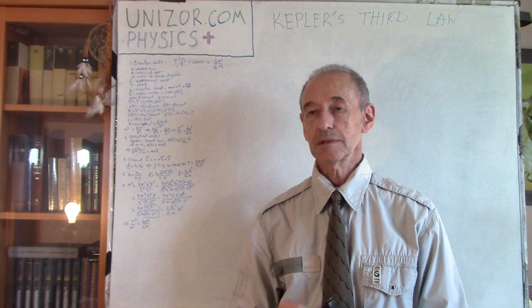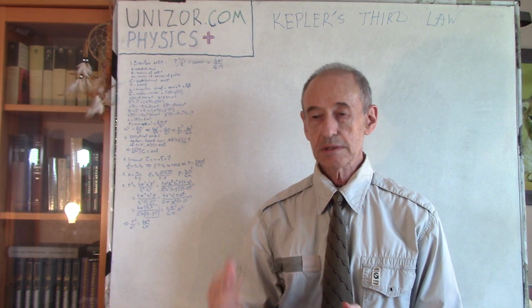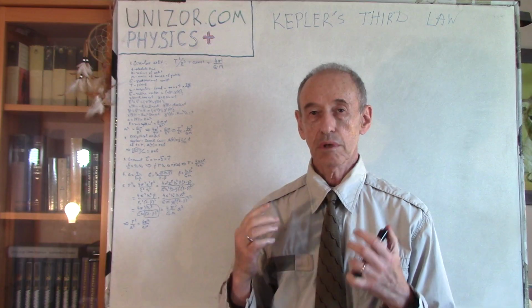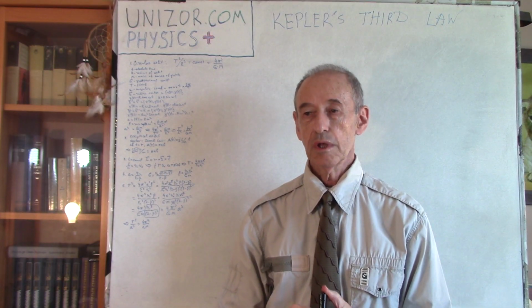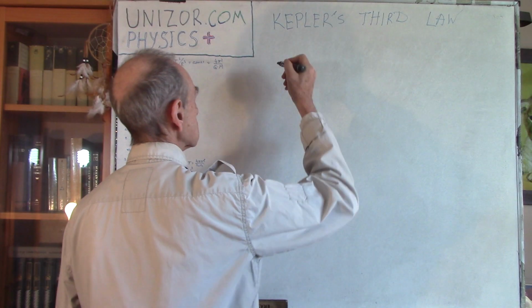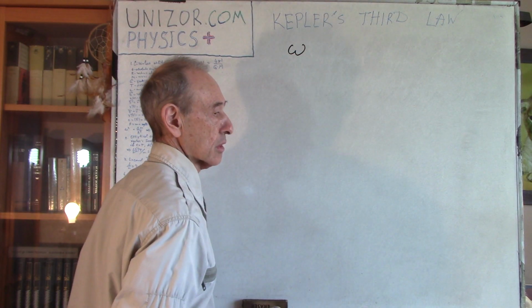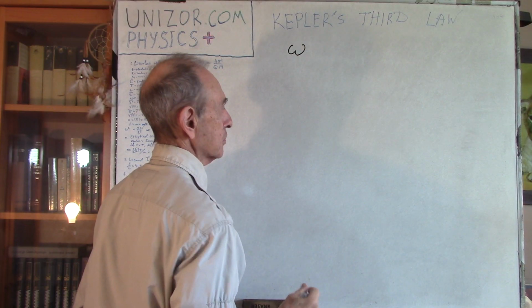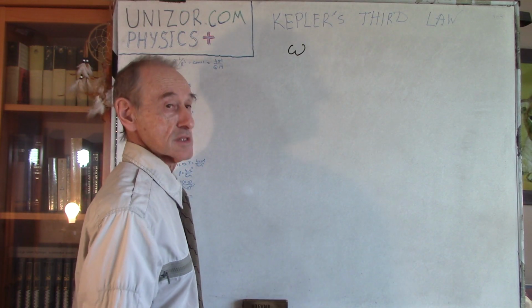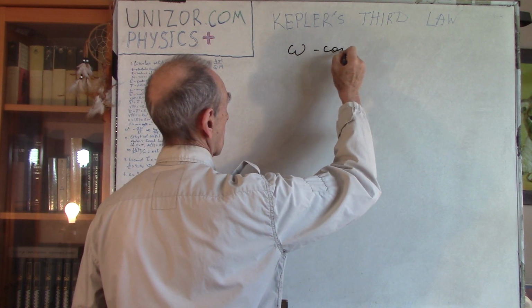Let's call it the Sun in this particular case. We consider the planet to be on the circular orbit, uniformly rotating. Uniformly rotating means you have angular speed omega, the number of radians per second, which is constant.